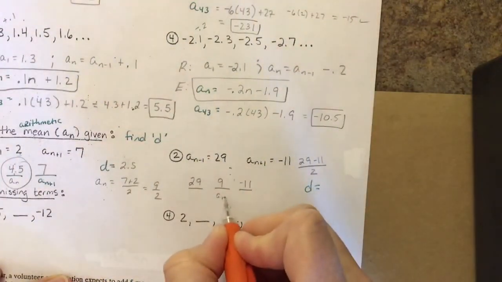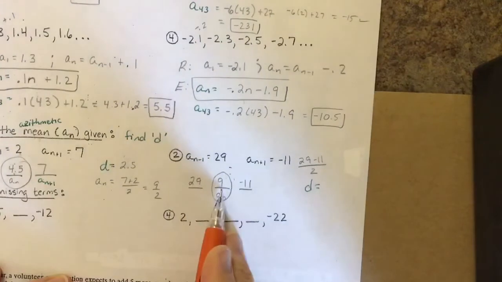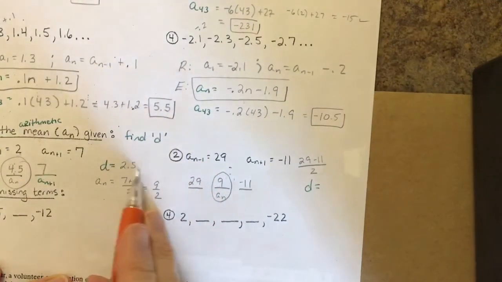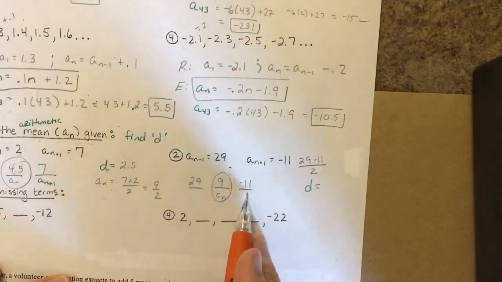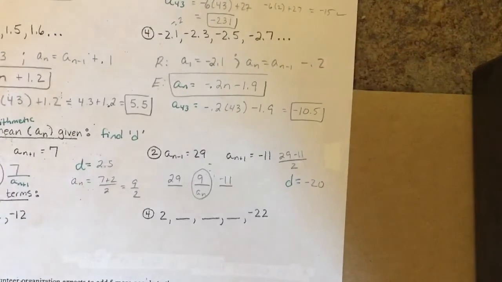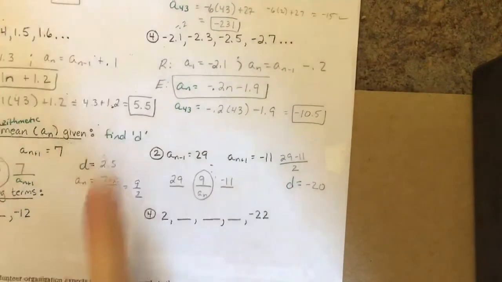That's my a sub n. This is not going up like the last one, which went up by 2.5. This is going down by 20. There's the common difference.